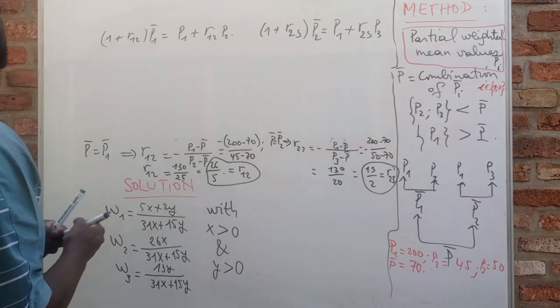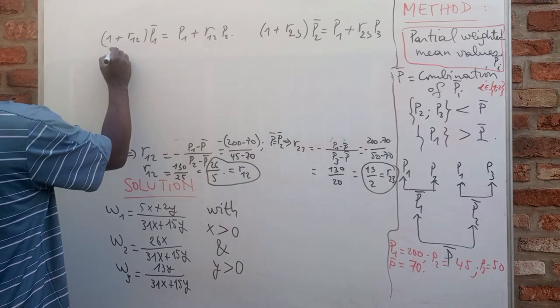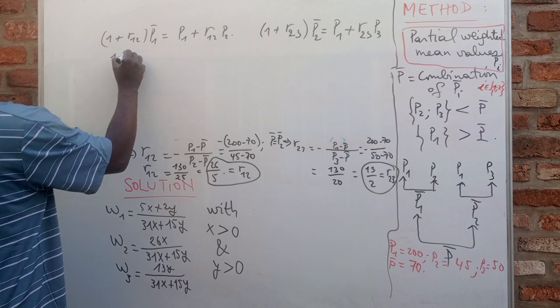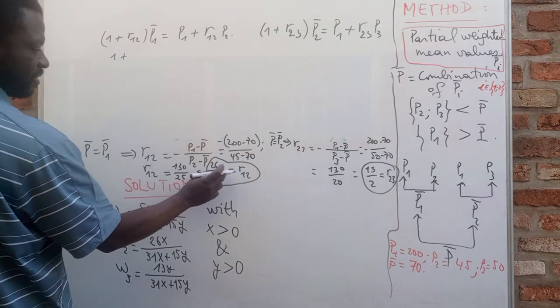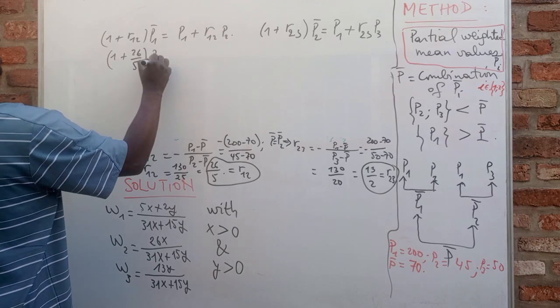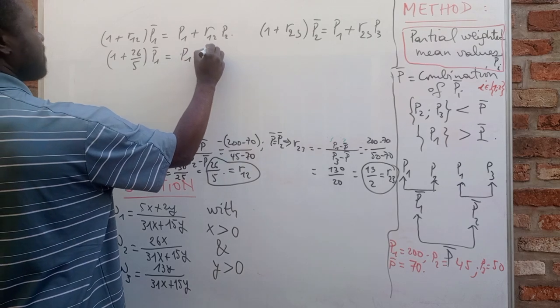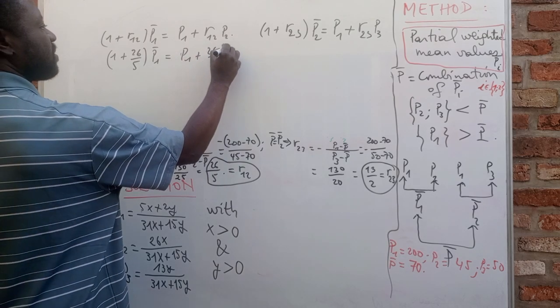Now, substitution with the corresponding values. So we are going to get 1 plus the ratio 26 over 5, times P1 bar, equal to P1 plus 26 over 5 P2.